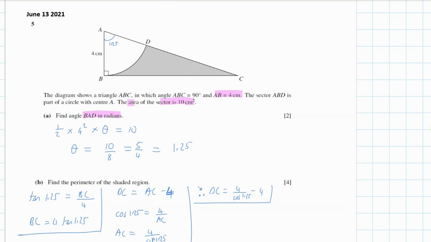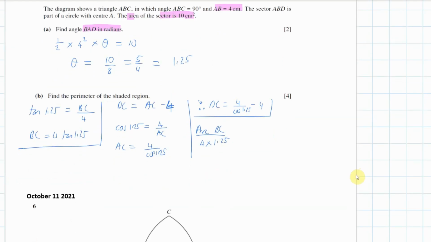Okay, so there's that bit. And then the final bit is arc BD, and that's r theta. So r is 4 times 1.25. Now we're just going to sum all of those to get our total. So total equals 4 tan 1.25 plus 4 over cos 1.25 minus 4 plus 4 times 1.25.